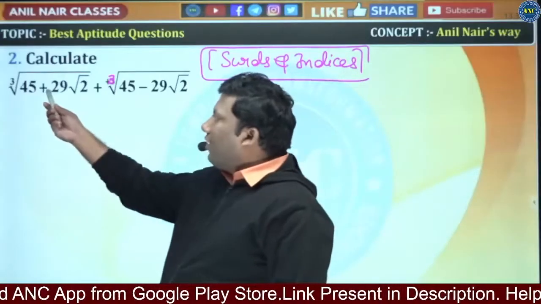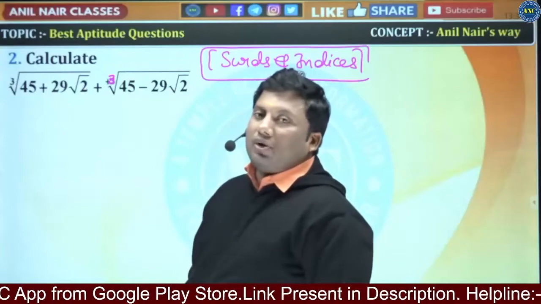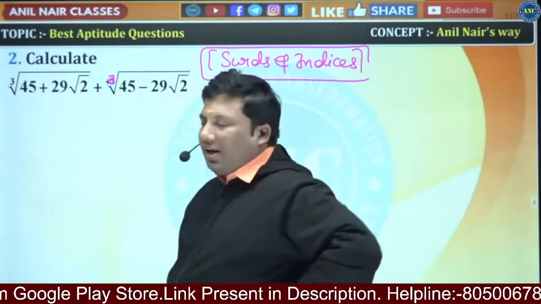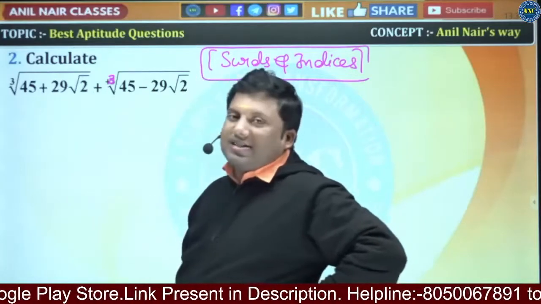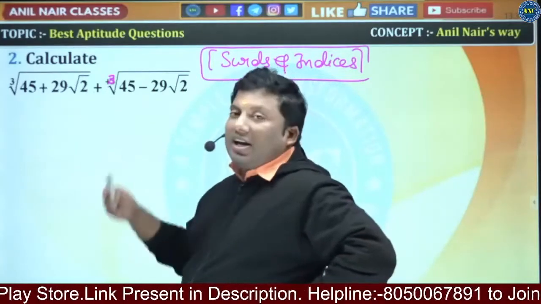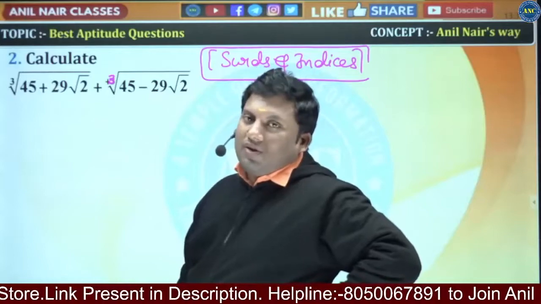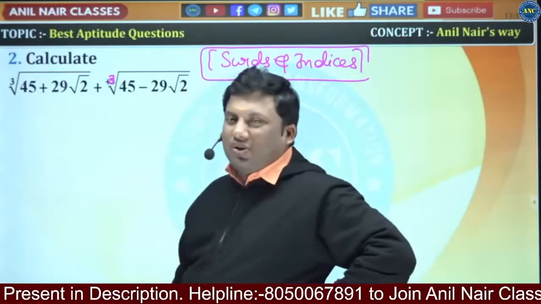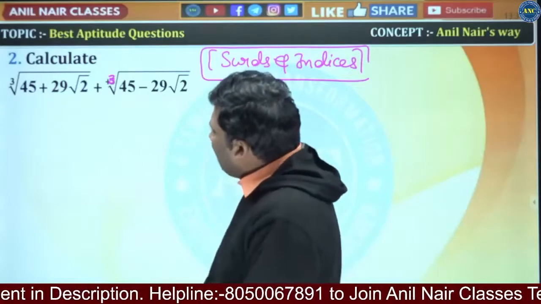But if I do 45 plus 29 root 2 into 45 minus 29 root 2: 45 square is 2025, 29 square is 841 into 2, which is 1682. From 2025, you need to subtract 1682. It is becoming a little difficult.